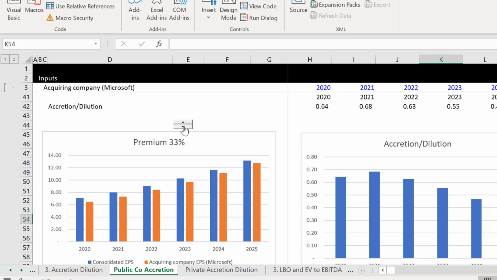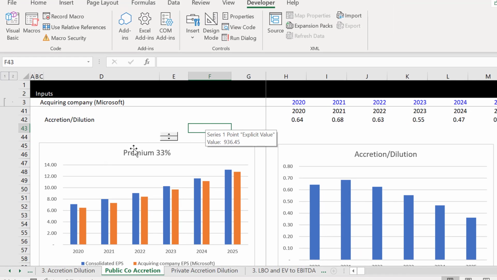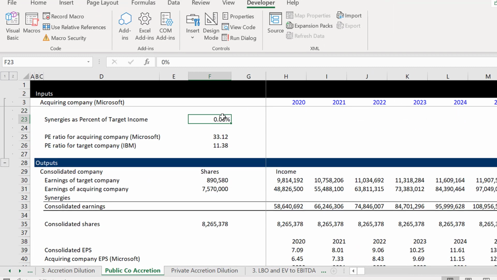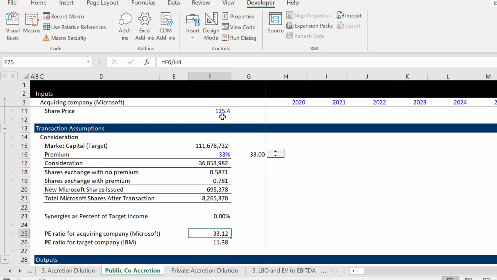There was a company in the 90s, it's still around, I think it's called Tyco, and they started buying up companies. They had a high PE ratio, and the only reason this whole thing works is because the PE for Microsoft is higher than the PE for IBM.